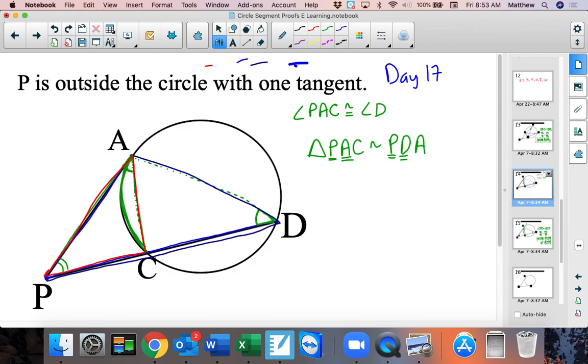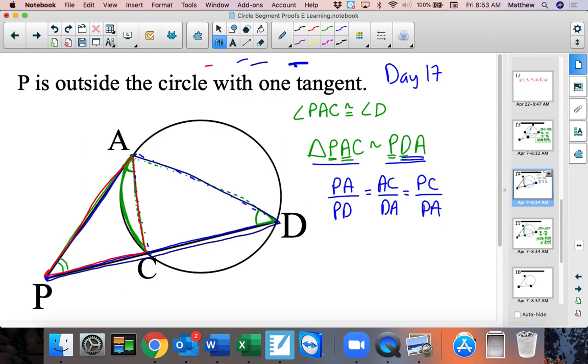Now, because I can make this statement, I once again have proportionality. So PA over PD equals AC over DA, equals PC over PA. This time I did write them in order, but notice where my dotted lines were. My original dotted lines were AC and AD.